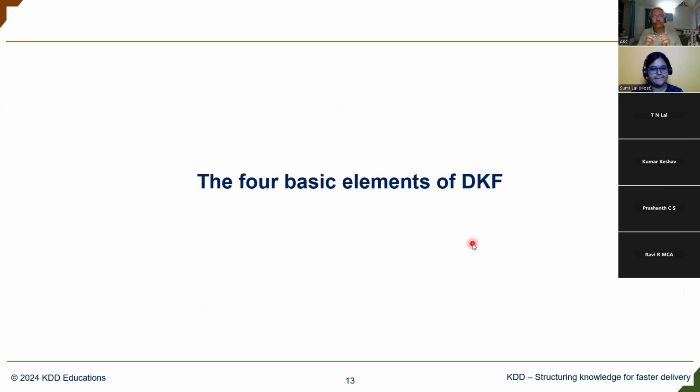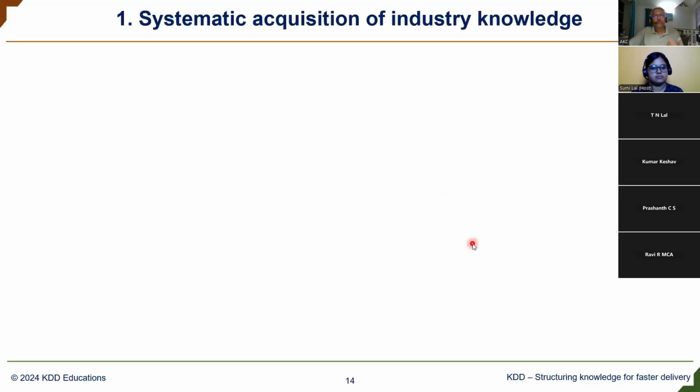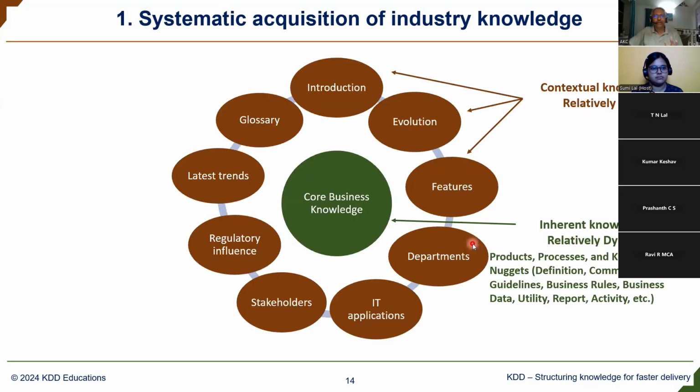DKF has four basic elements using which the whole framework is built. The first is focused on systemic acquisition of industry knowledge. Here DKF captures the industry knowledge in a way where the related knowledge is clubbed together. For example, if you're talking about an industry, you need to know what that industry is all about. So that's the introduction, how the industry evolved, different features of that industry.